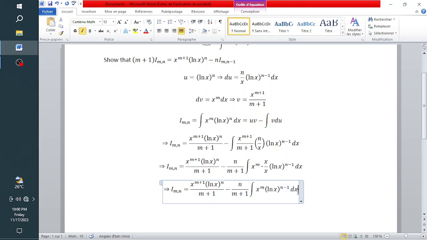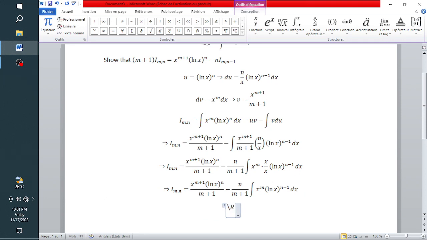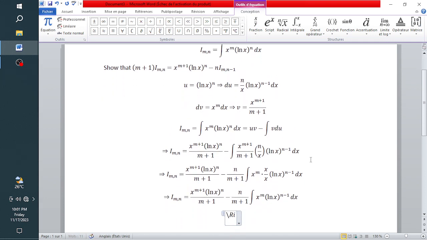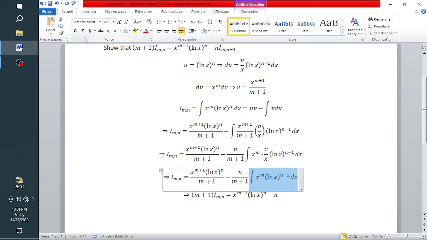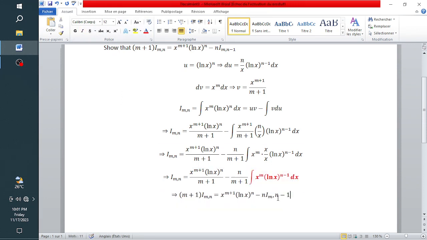So maybe we can multiply all through by m plus 1, and we are going to get that m plus 1 times I of m comma n is equal to, I'm just going to be left with this numerator minus, I'm going to be left with n times this integral, which is simply I of m comma n minus 1.